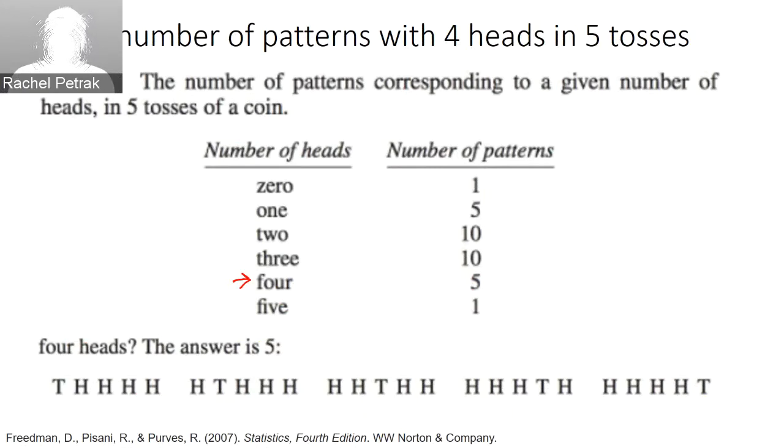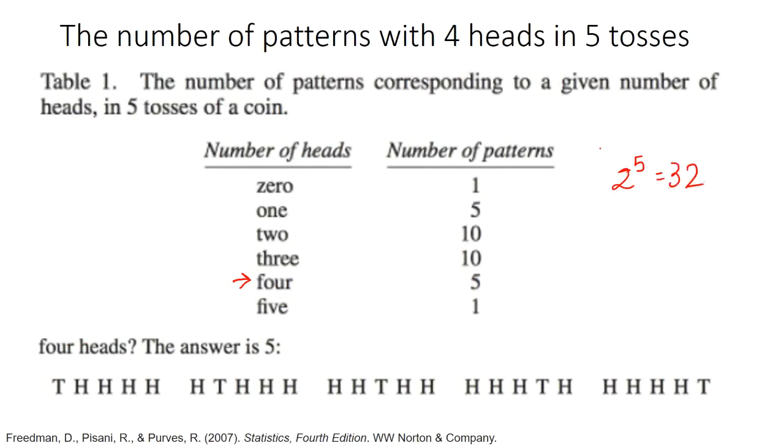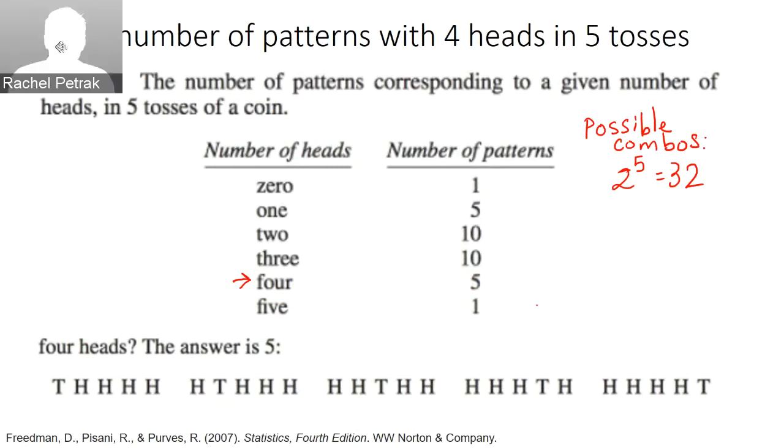And there are, with 5 tosses, a total of 2 to the 5th, which is 32 possible combinations. Why 2 to the 5th? Well, there's 2 outcomes when you toss a coin, heads or tails. There's 5 coins. So this is where this number comes from.